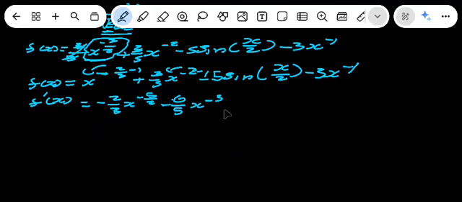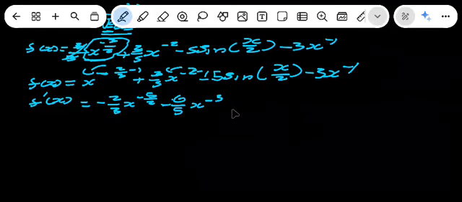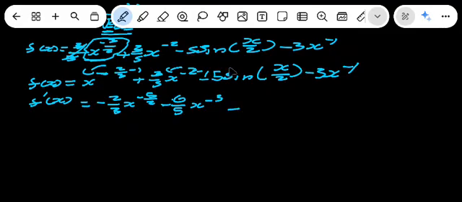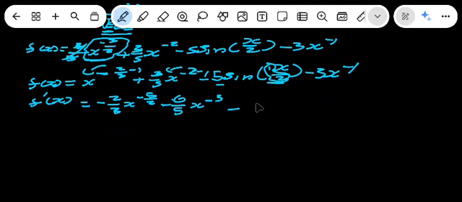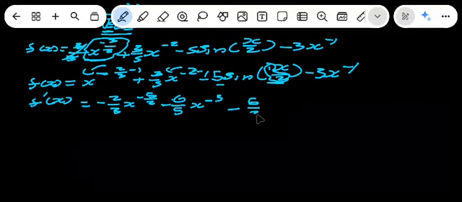All right, then we have this minus 5. So use the chain rule: you multiply by the derivative of this, which is 1 over 2. So you have 5 multiplied by 1 over 2, which is simply 5 over 2.